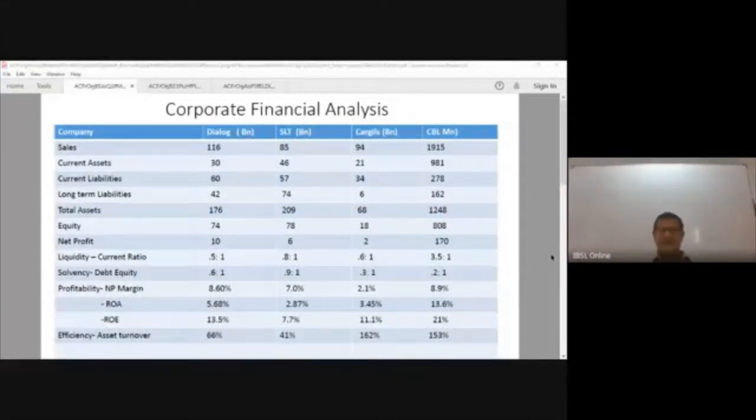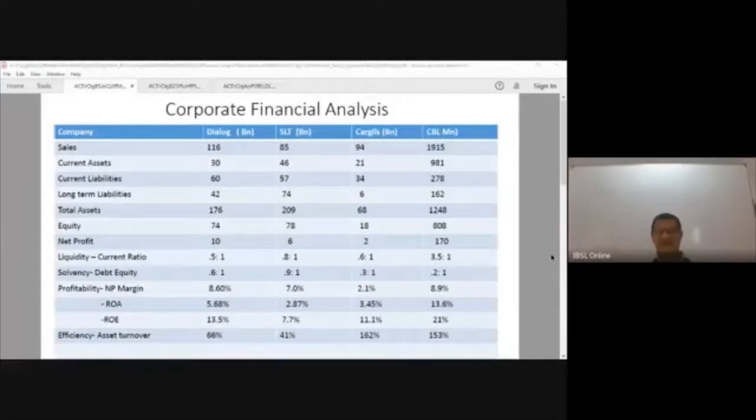Long-term liabilities are another balance sheet item on the liability side. You can see 42, 74, 6, and 162 million. Total assets of these companies also include their fixed assets. I have not stated the fixed assets, but if you deduct current assets, the balance is fixed assets.